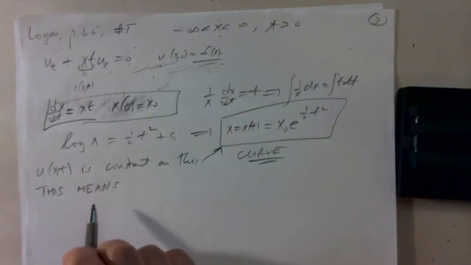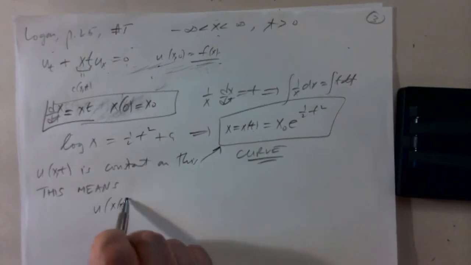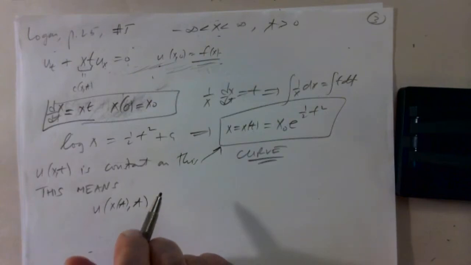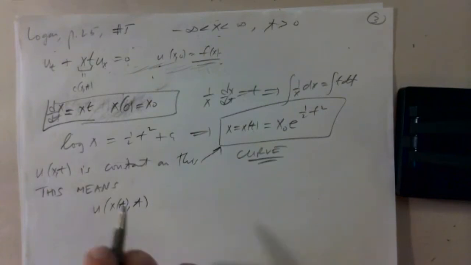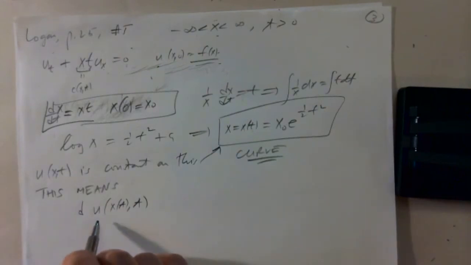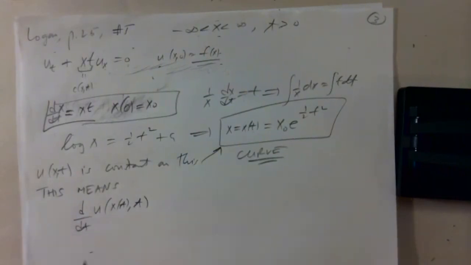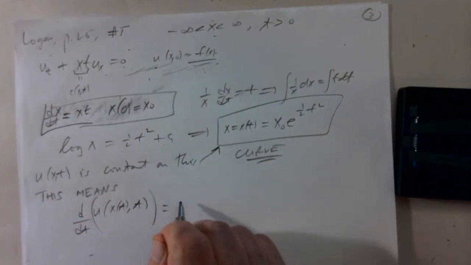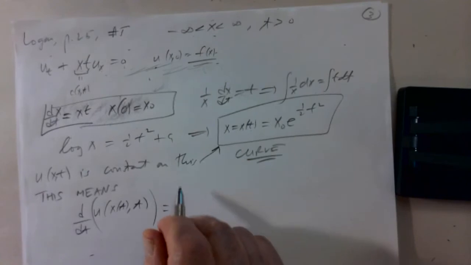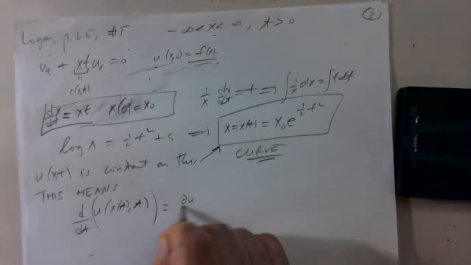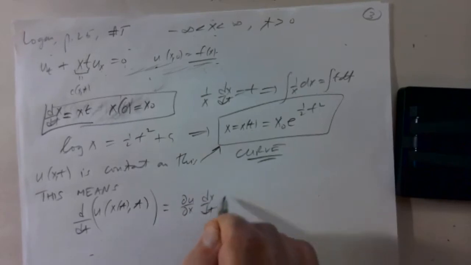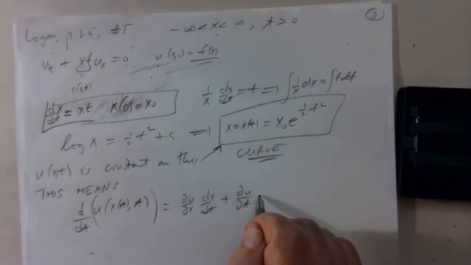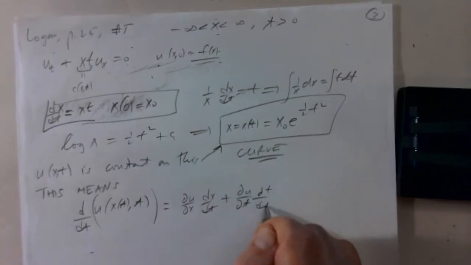This means I look at u evaluated at x of t comma t. And how will I know if it's constant? Well, a constant function has a derivative equal to 0. So let me differentiate this function of t with respect to t. So we know this is the partial of u with respect to x, dx/dt, plus the partial of u with respect to t, dt/dt.